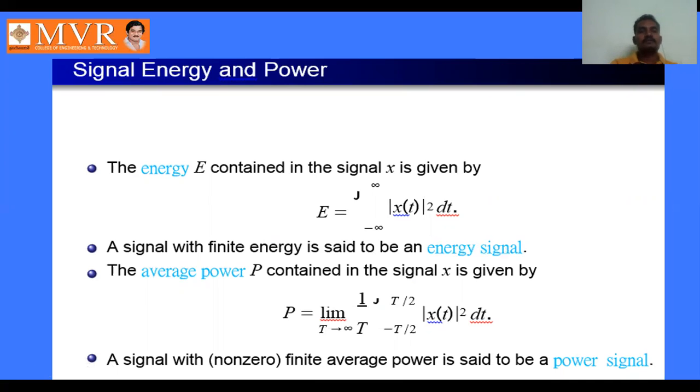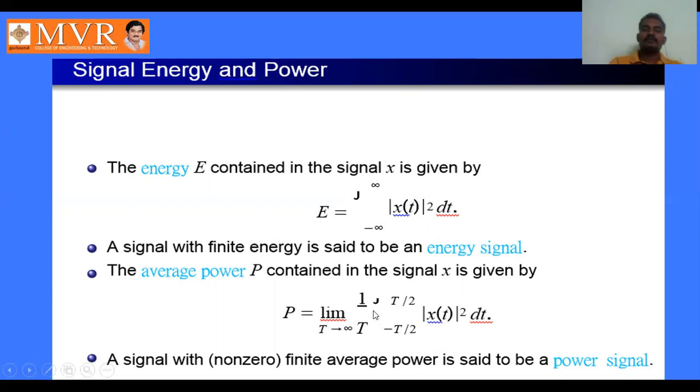Whereas coming to the signal power, the average power P contained in the signal x is given by P equal to limit T tends to infinity 1 by T into the integral from minus T by 2 to T by 2 of mod x of t whole square dt.